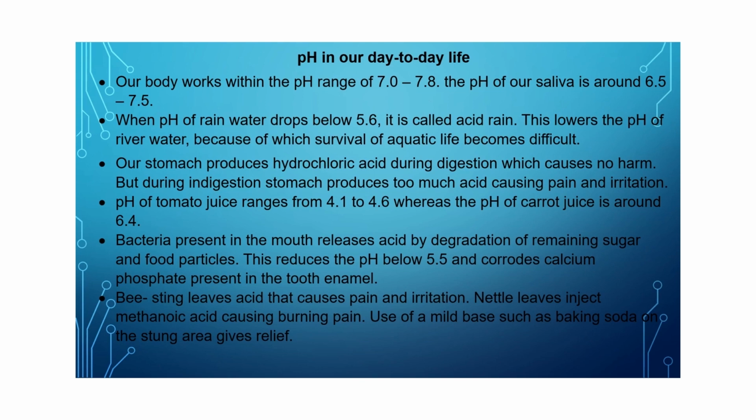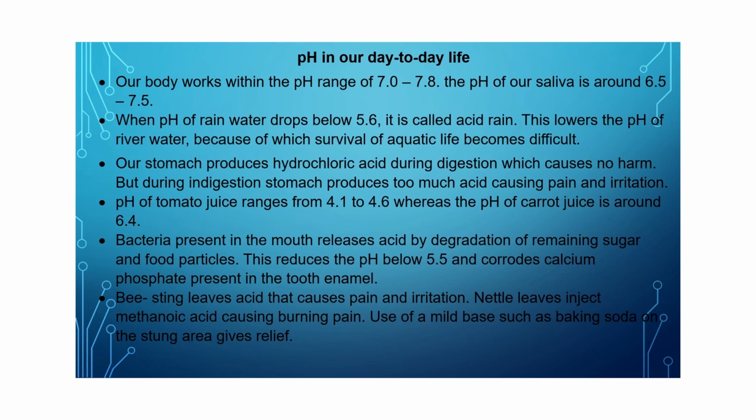Let's quickly discuss pH in our day-to-day lives. Let's discuss things, materials, and substances present in our day-to-day life, and let's know their pH. Our body works within the pH range 7 to 7.8, meaning slightly alkaline conditions, right?